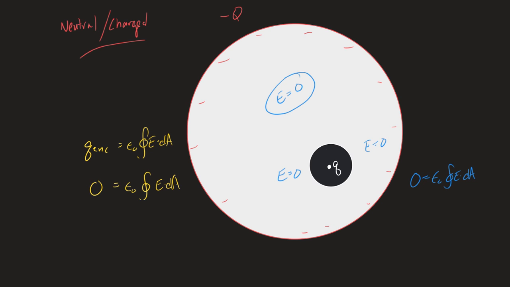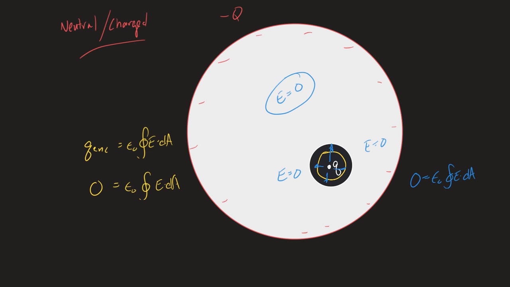There's now an electric field inside the cavity. There has to be. If I put a Gaussian surface around that charged particle, it's going to say there's a charge enclosed. And we know a point charge creates an electric field around it. But here's the thing. There's definitely an electric field inside the cavity. There has to be.